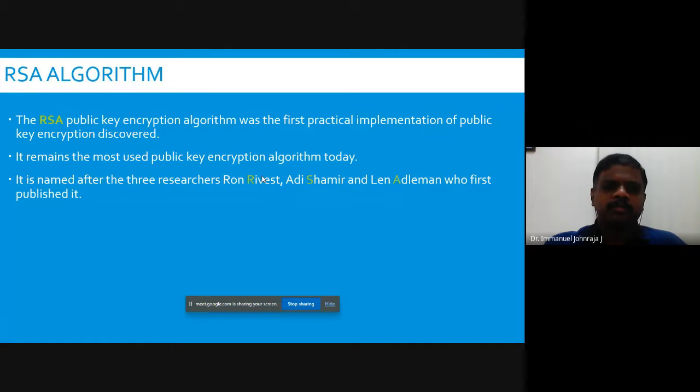This was one of the algorithms in the competition, a candidature at that time, but it was chosen as the best one, prepared by a team of people from MIT. They were Ron Rivest, Shamir, and Adelman. That's the reason this algorithm is also given their names, RSA. All right. So this is the most used public key encryption algorithm today.